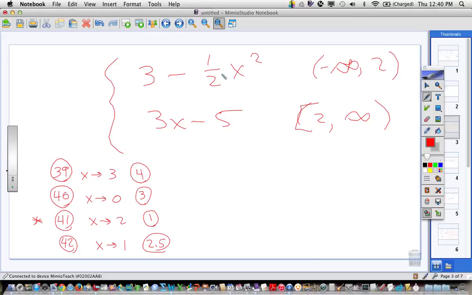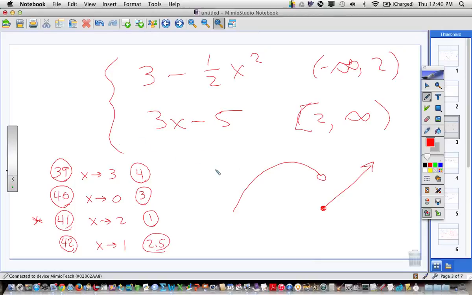So let's think about what we got here. If we were to graph it, I don't think you have to graph it, but we should think about maybe what the graph might be. What would this be? Parabola, upside down. So one possibility is it might just roll along here, and then all of a sudden at 2 it would just stop like that, right? And then what would happen? Then a line would take off. Now, the key is, where does the line take off? Does the line go like that?